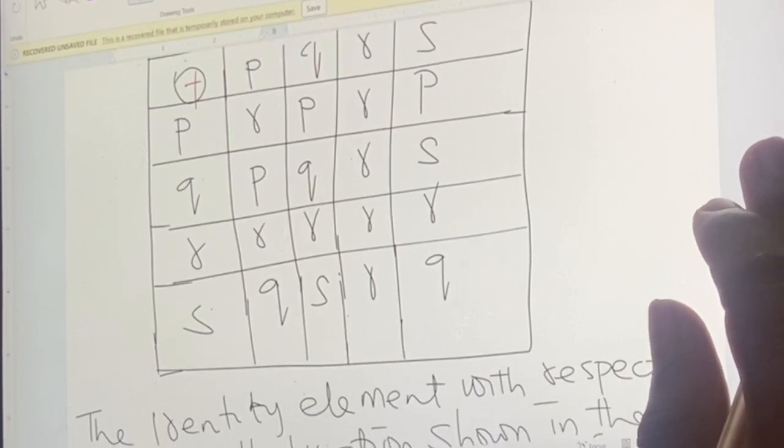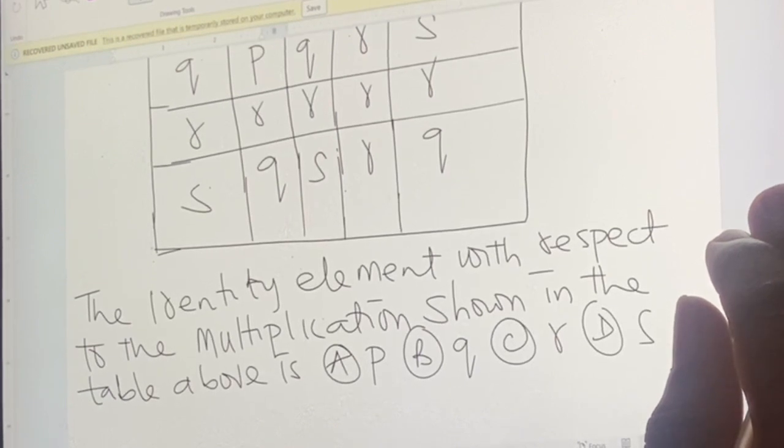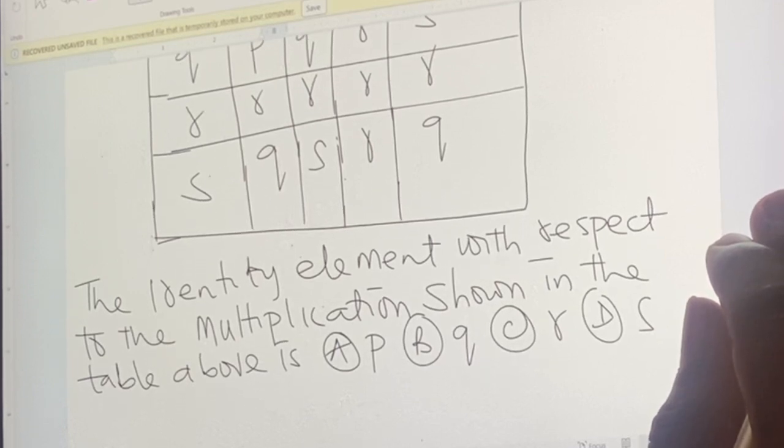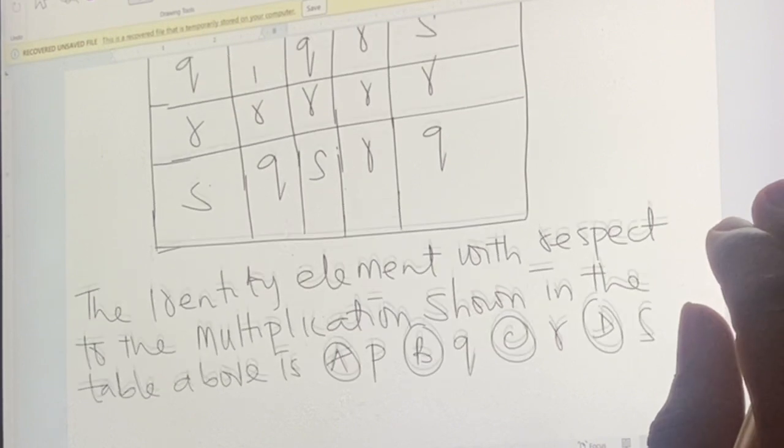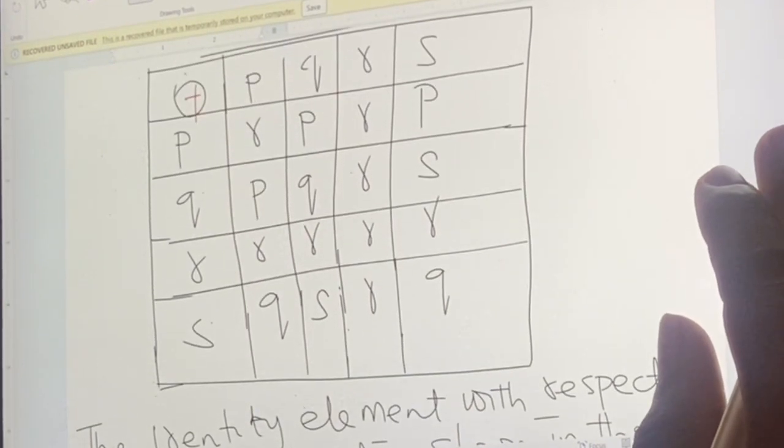Let's read the question from the letters. They said: find the identity element with respect to the multiplication shown in the table above. So we are given a table and we're asked to find the identity element in this particular table.